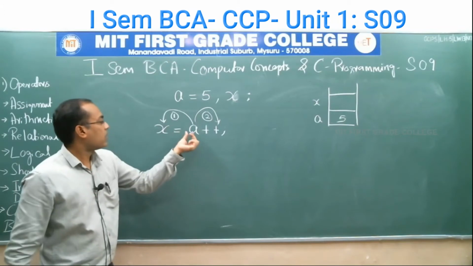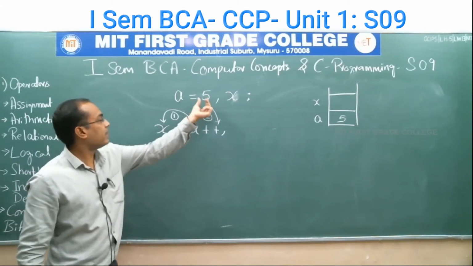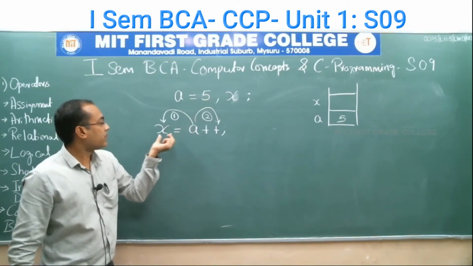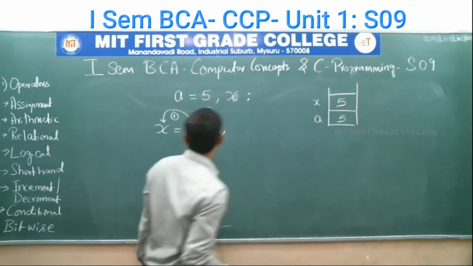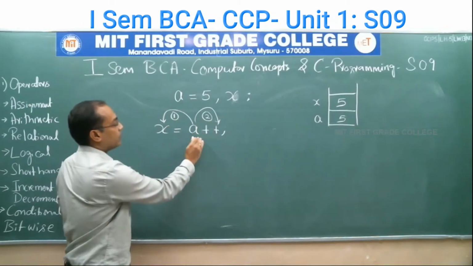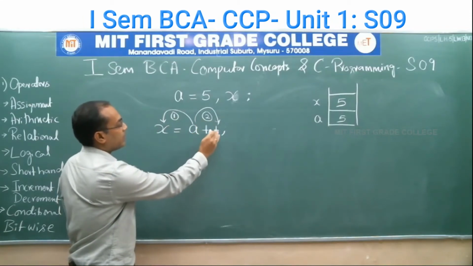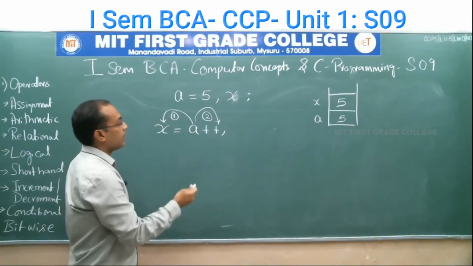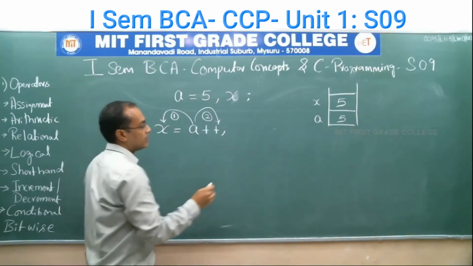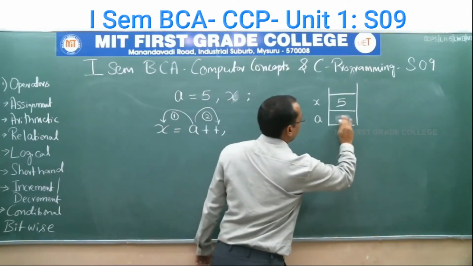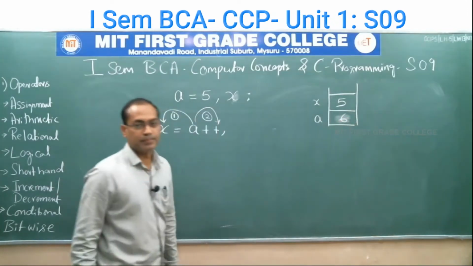In this case, what is the value of A? A value is 5. That will be first assigned to X. So now X value will be 5 and then perform the operation A is equal to A plus 1, which means A is equal to 5 plus 1, that is 6. The value of A will now become 6.